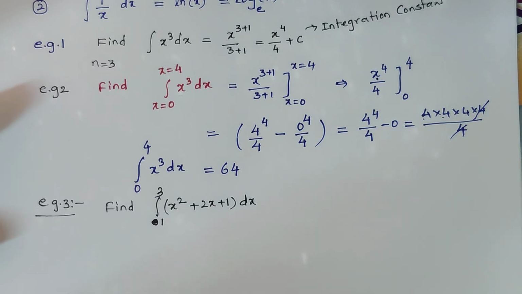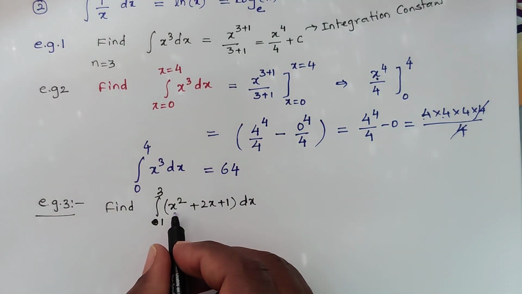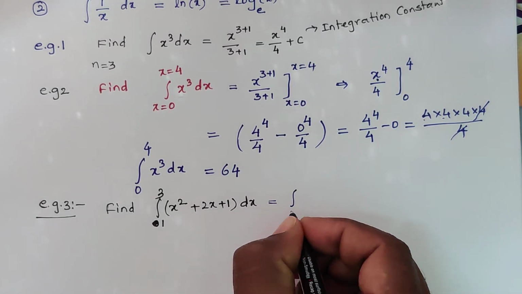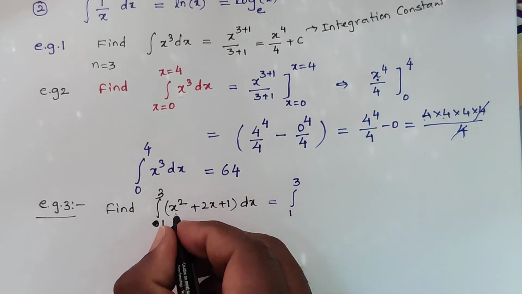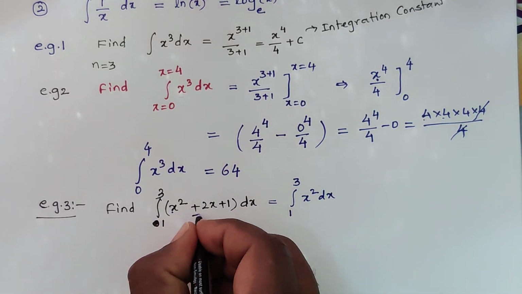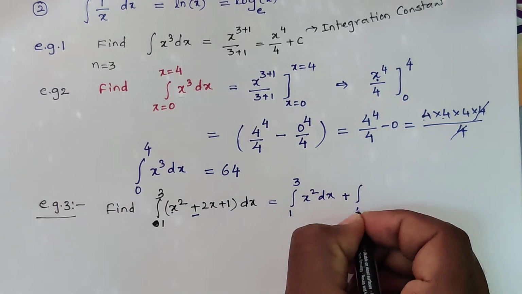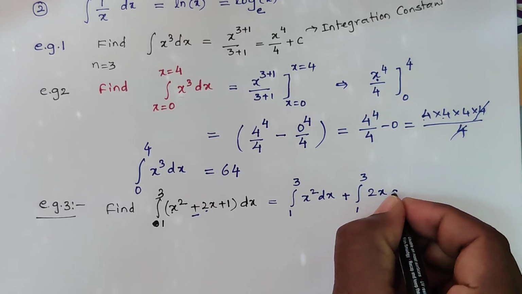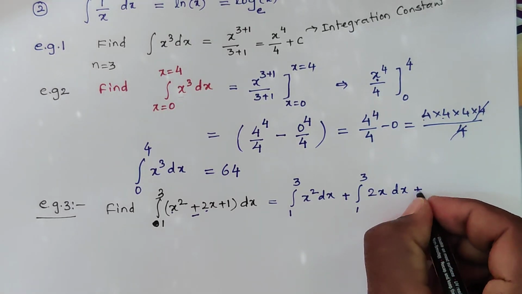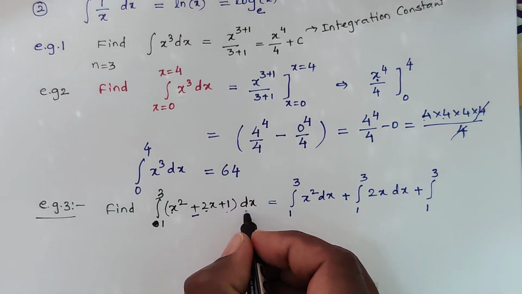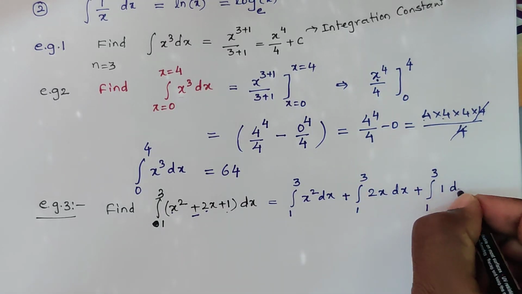So in this case, we should distribute dx for all the terms. That is nothing but integral 1 to 3 x square dx, plus integral 1 to 3 2x dx, plus integral 1 to 3 1 dx.